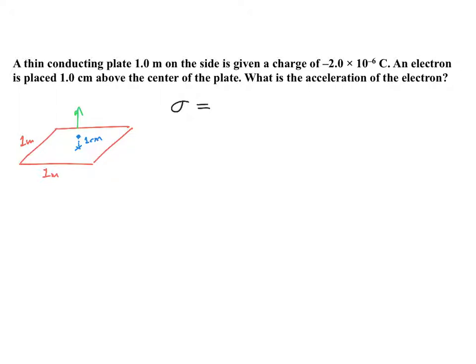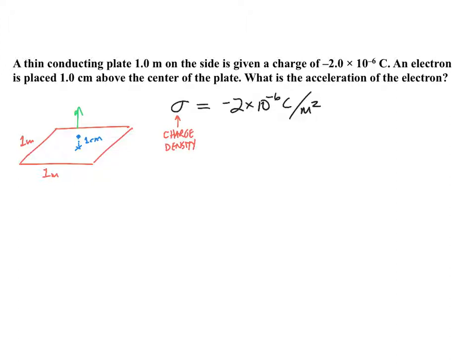We like to use sigma, but just know that this is charge density. And since it's a square meter, we already know that it's -2 times 10 to the minus 6 coulombs per square meter because we're dealing with a square meter.